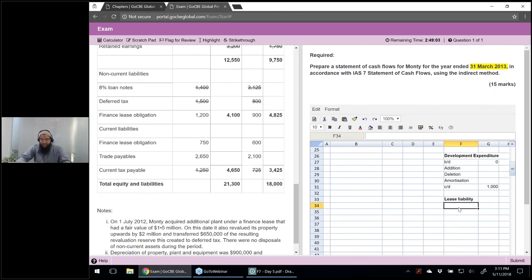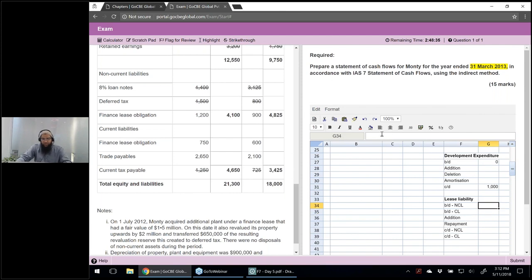So lease liability brought down from non-current liability, brought down from current liability, and then we'll be having the addition of assets further leased, repayment, and then the carried down of again non-current liability and carried down of current liabilities.